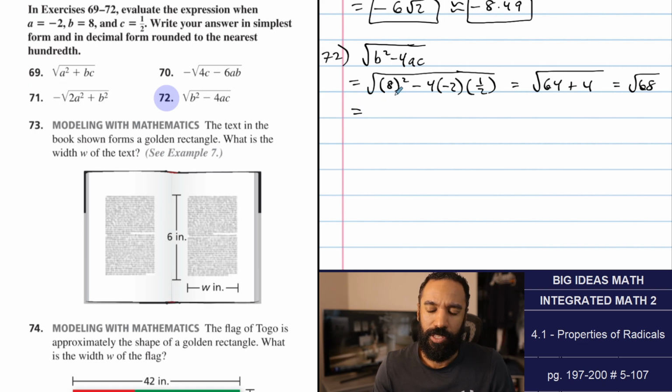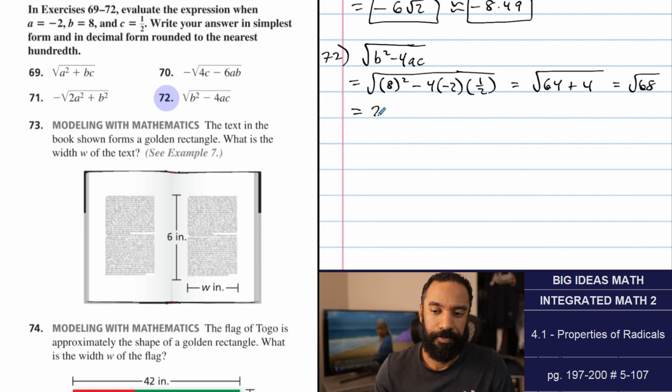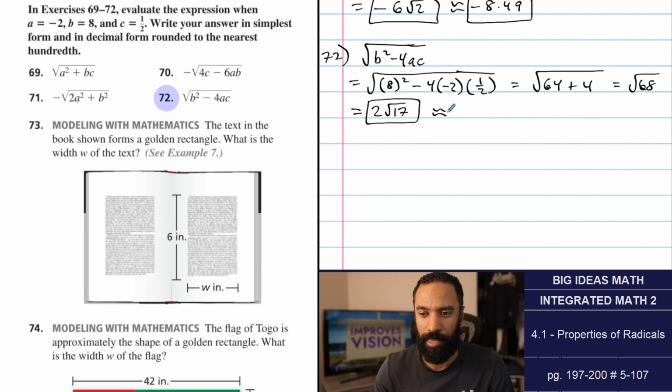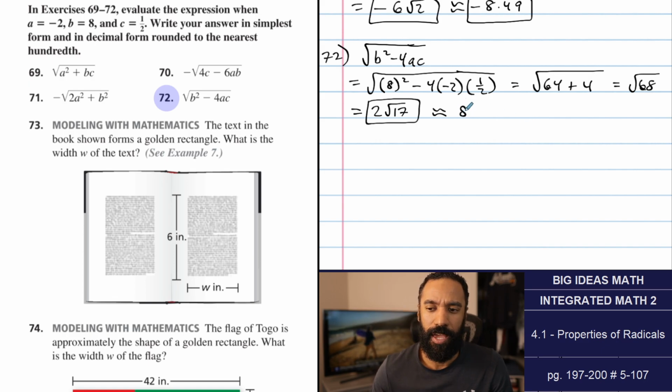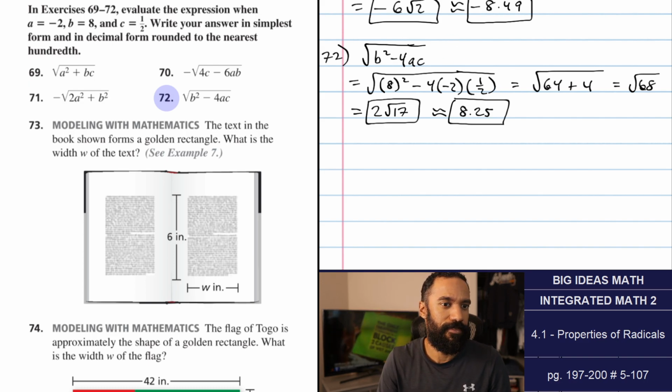This is 4 times 17. So 2 root 17. I apologize. I was sitting there thinking, maybe they wouldn't ask me to simplify and then not simplify. So 8.25. I'm surprised I didn't see that 68 for what it was. Okay. That was number 72.